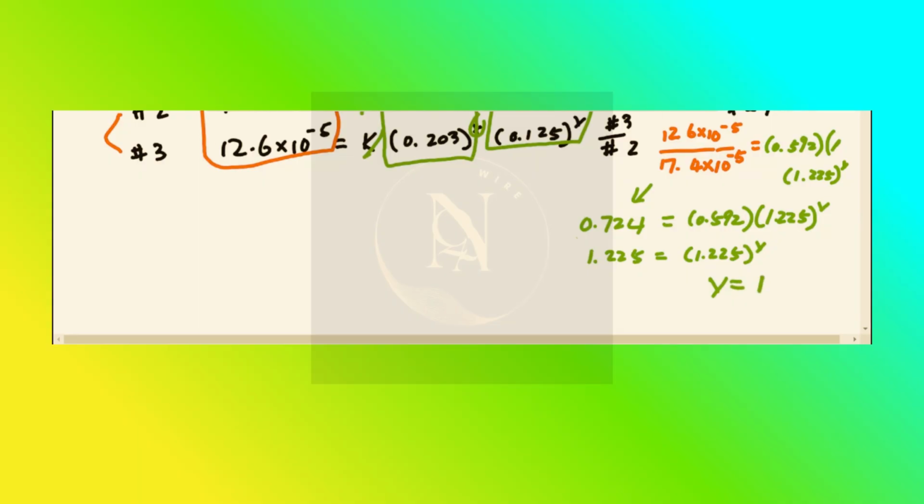So the rate law will be k multiplied by the concentration of the first reactant to the power of 1 and the concentration of the second reactant to the power of 1. So that will be the rate law.